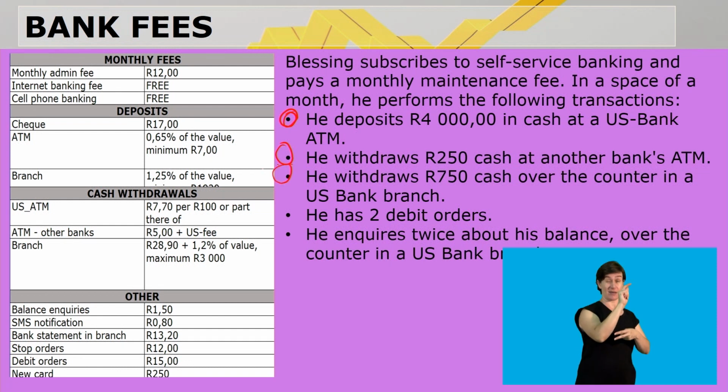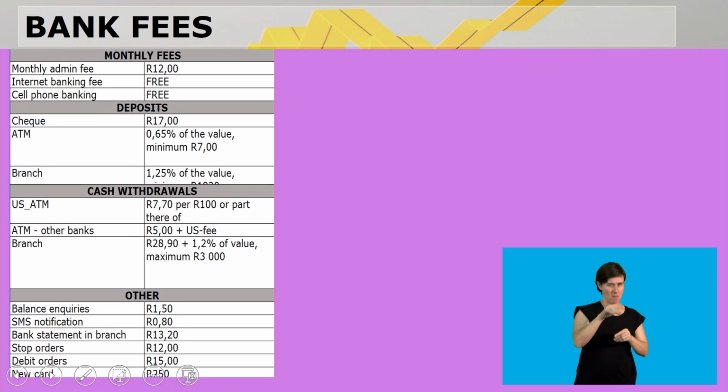He withdraws 750 Rand cash over the counter. He's got 2 debit orders, and he inquires twice about his balance over the counter at an Us bank branch. So now let's calculate his total monthly fee. There's some space to write.